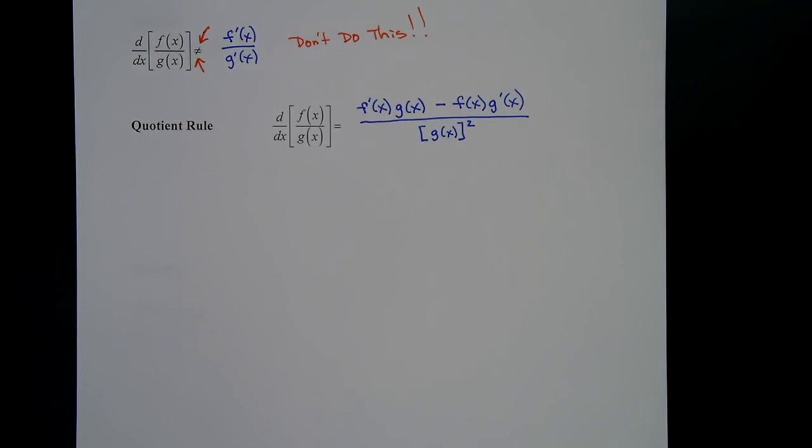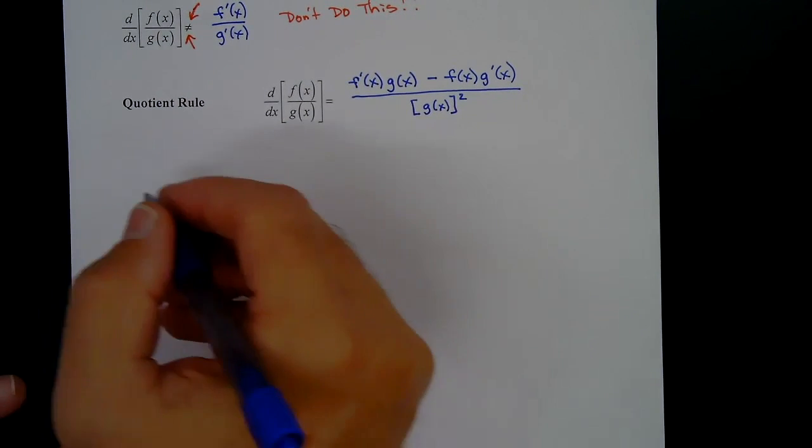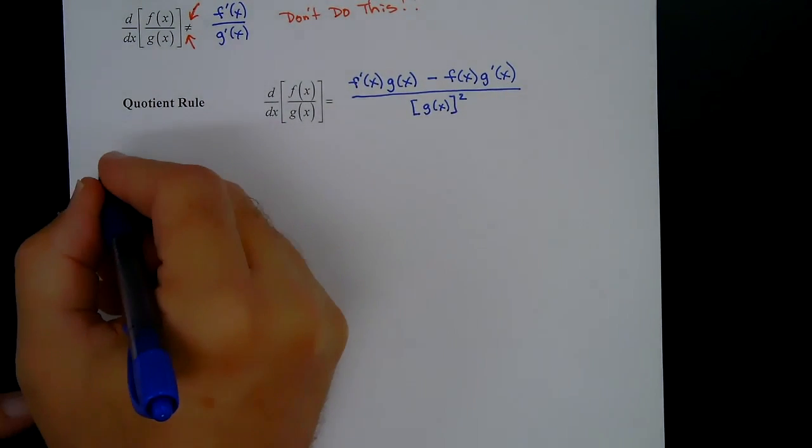Okay, so why does this work? We've got to go back to the limit, the definition of what a derivative is, okay? All right, this is going to take a little bit of work, a little bit more work than the product rule, okay?